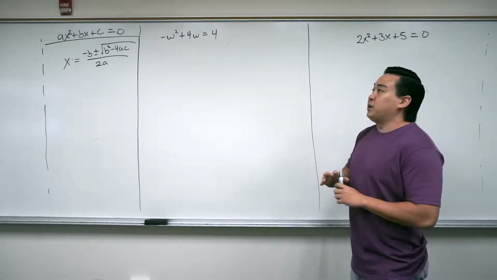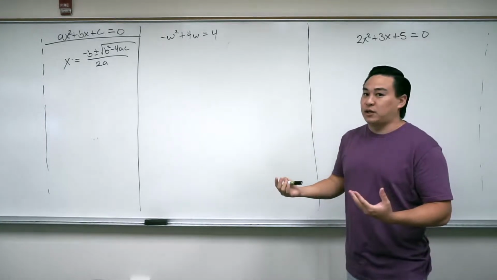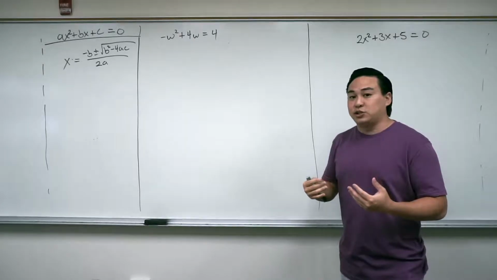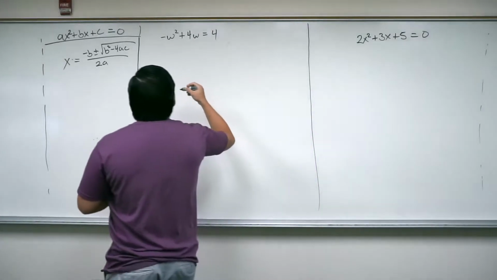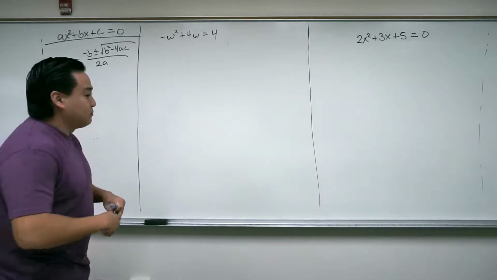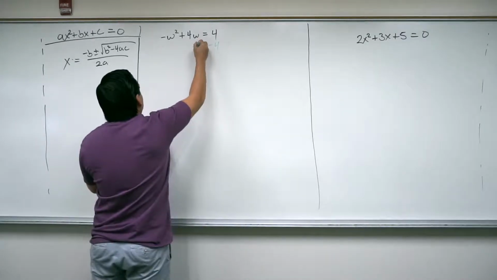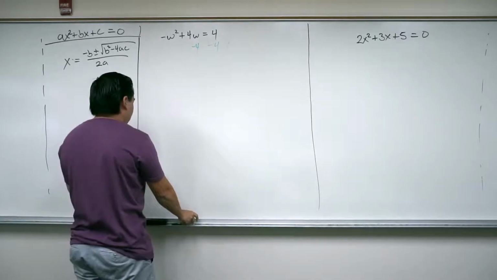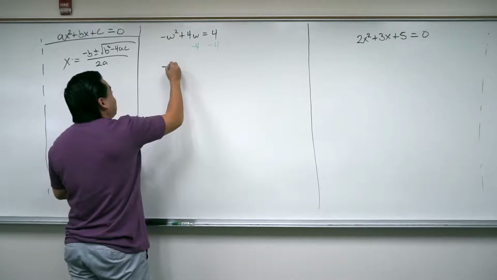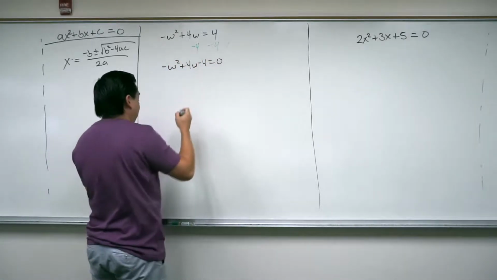Okay? And what we're going to do is bring everything over to the left and first check to see if it's factorable, because that should always be the first thing that you try. So subtract 4 from both sides. So what we get here is negative w squared plus 4w minus 4 is 0.